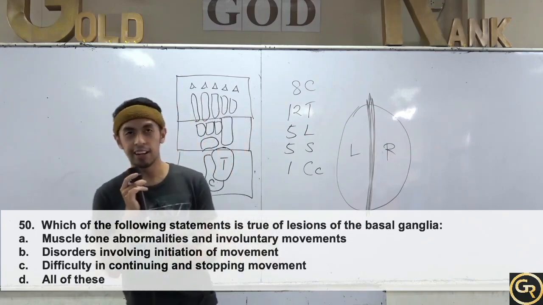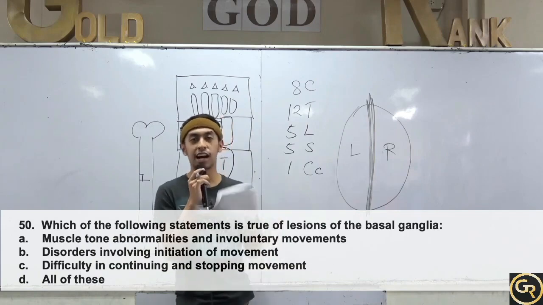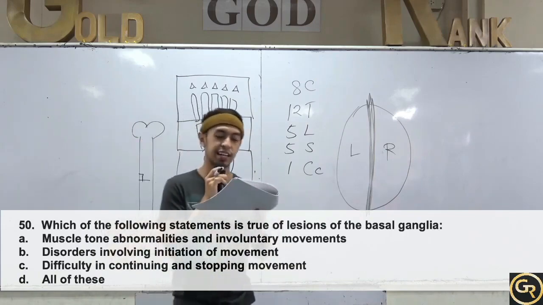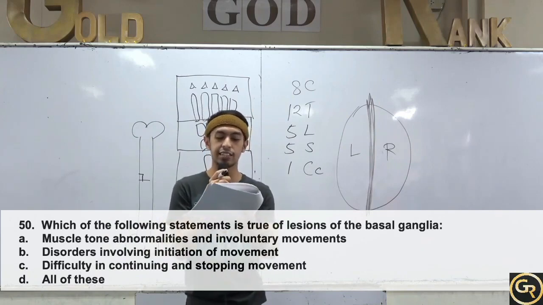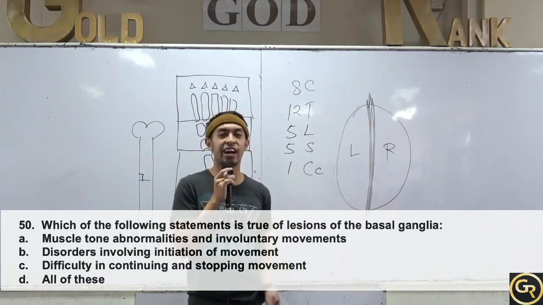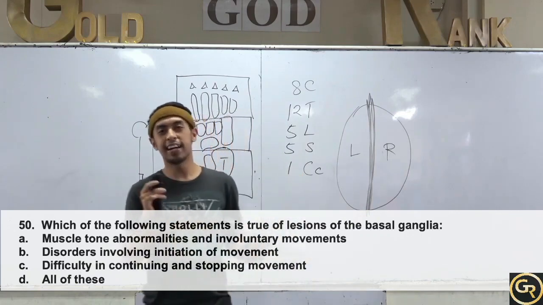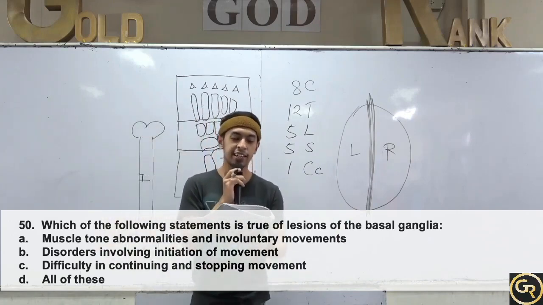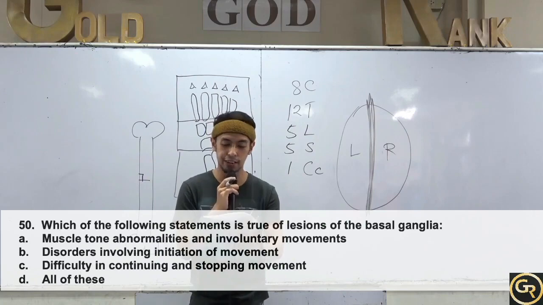Tama din po ito. Nahihirapan sila magsimula. Difficulty in continuing and stopping movement. Yes, they cannot find the means to stop the movement of their body. So for number 50, lahat po to ay tama.